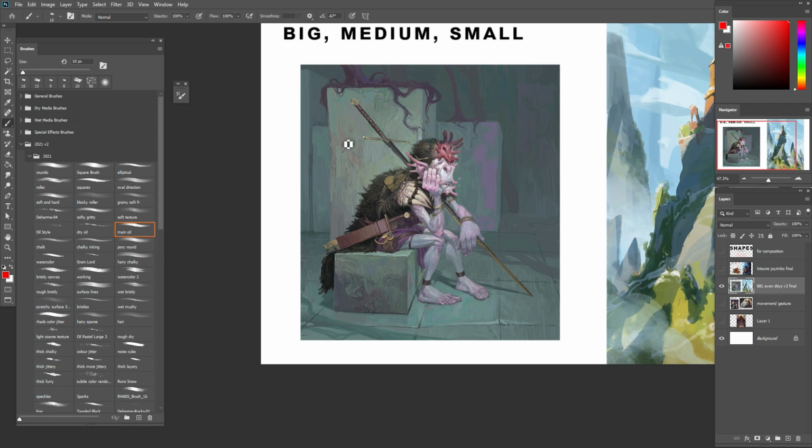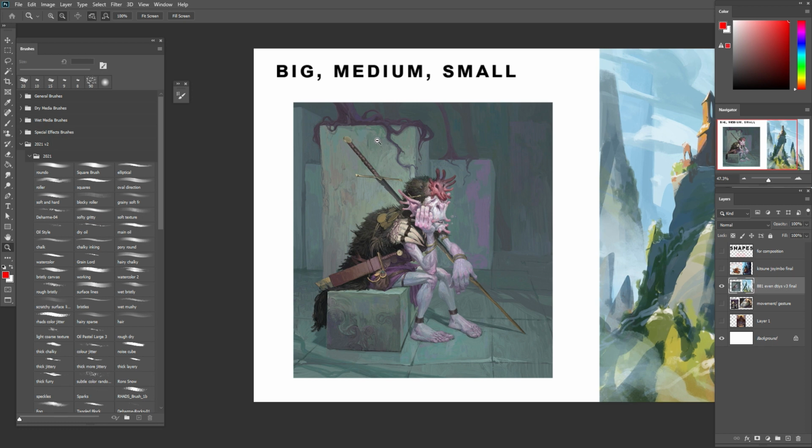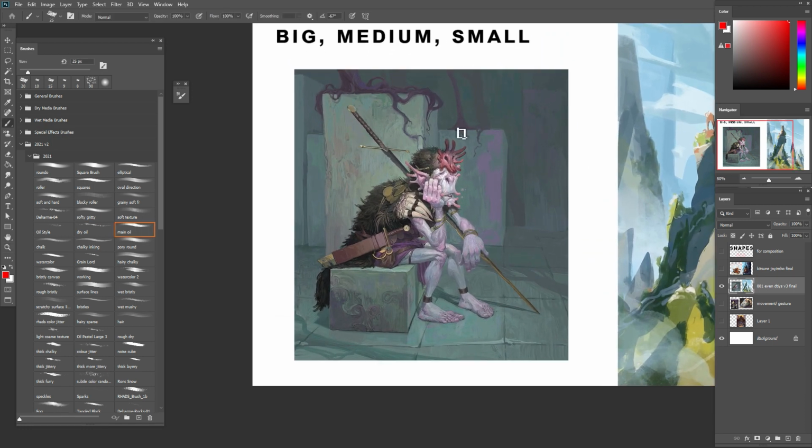So if you look at these blocks, which are quite a good example because they're very abstract, one shape is clearly different than another. And I think this is actually a good example of a failed big, medium, small, because I was thinking about this as a big, right? And so that is quite big, and then this should be the medium, and this should be the small. But if you look at the big and the medium, they're very similar.